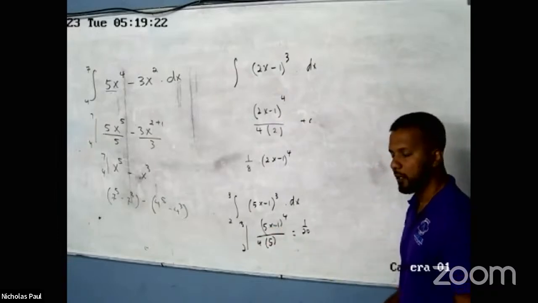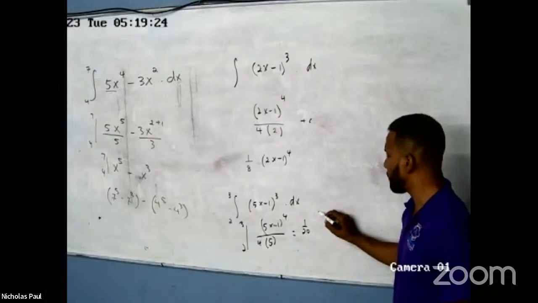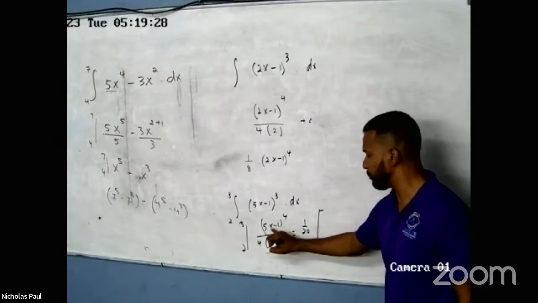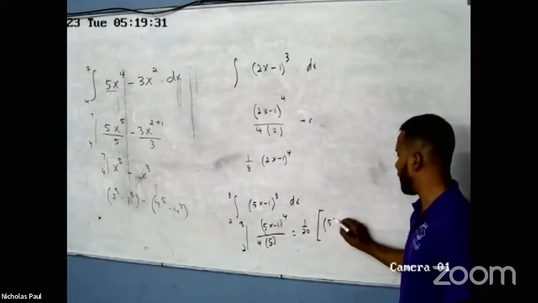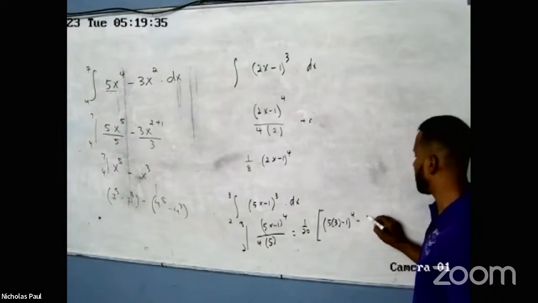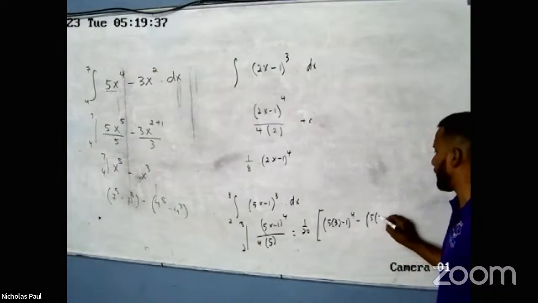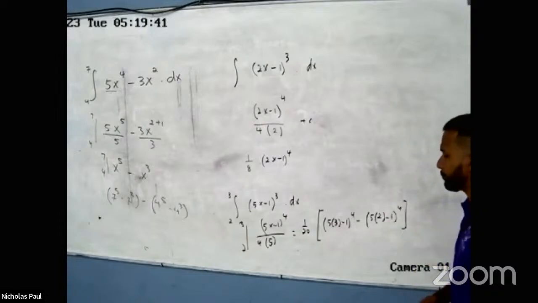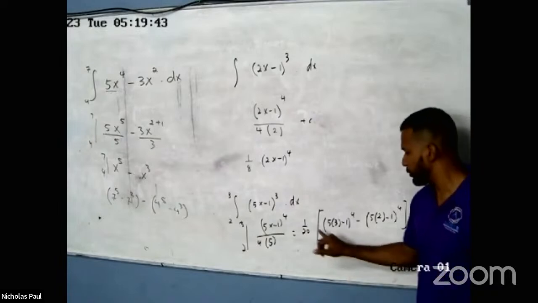Then plug in a 3 and then plug in a 2. So that's 5 by 3 minus 1 to the power of 4, and then 5 by 2 minus 1 to the power of 4.